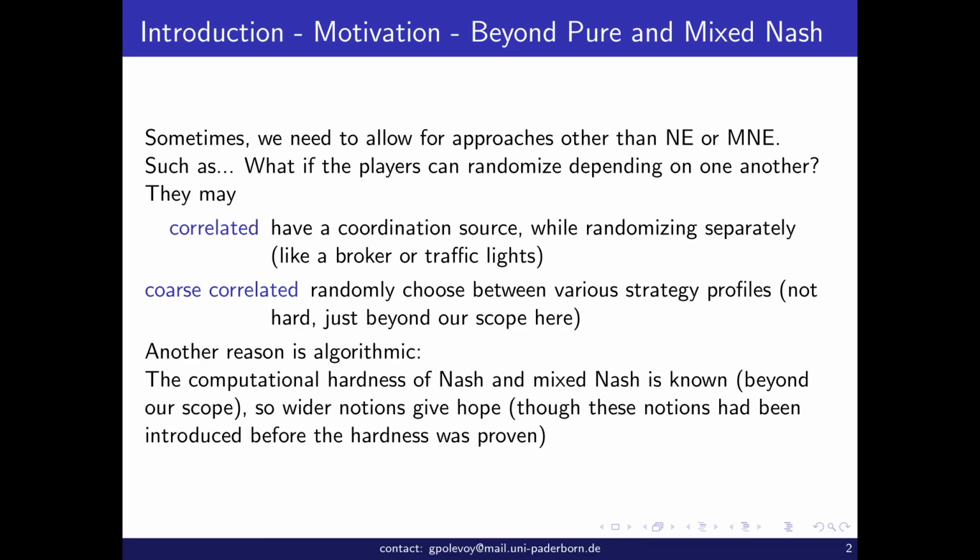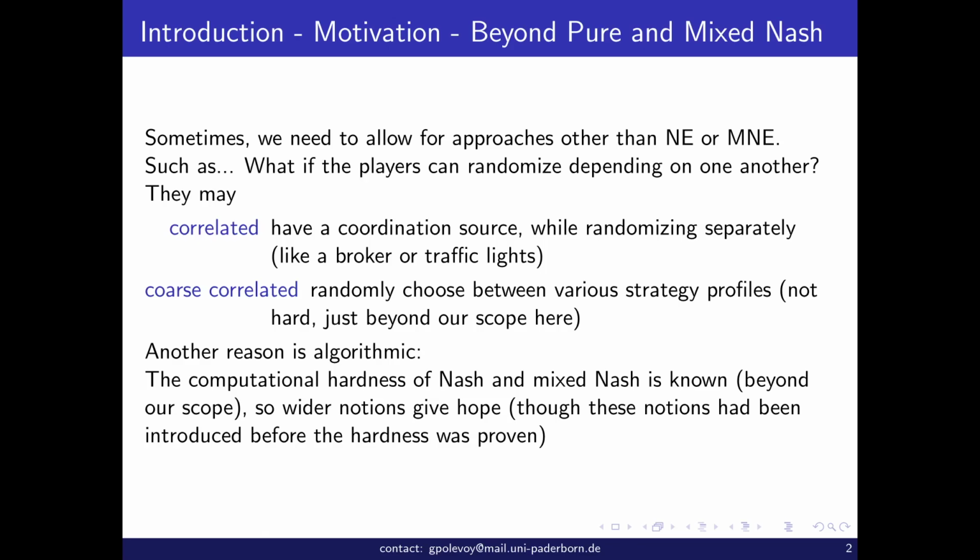So starting with pure Nash, defining the wider concept of mixed Nash gave us hope of existence, which indeed was proven for at least finite games, for the mixed extensions of finite games.